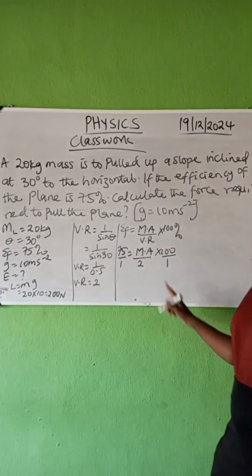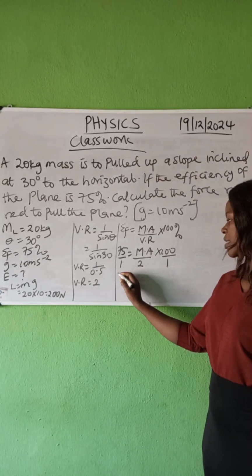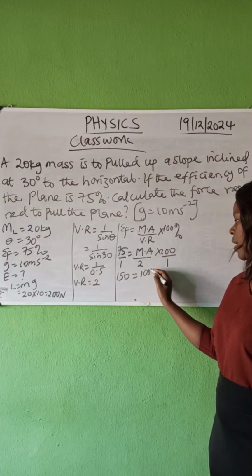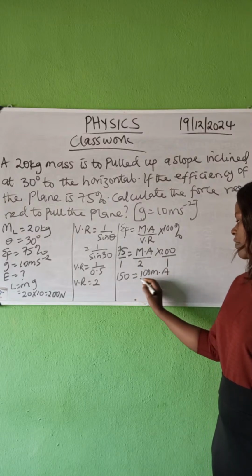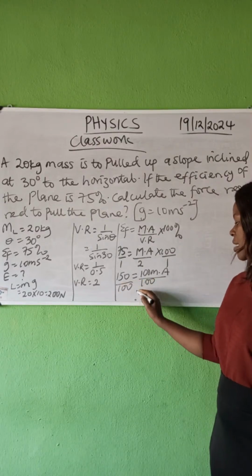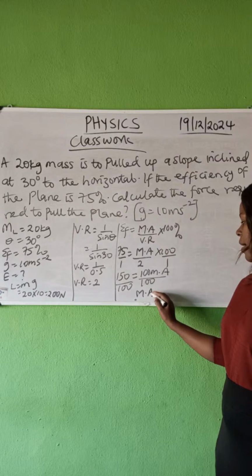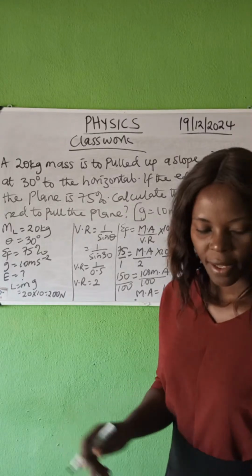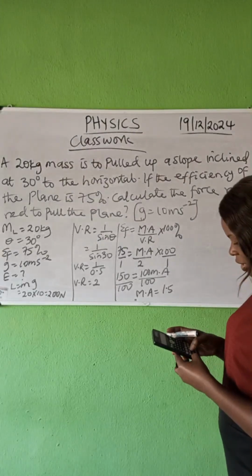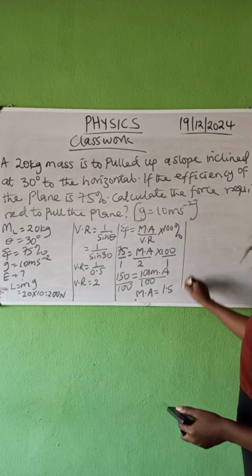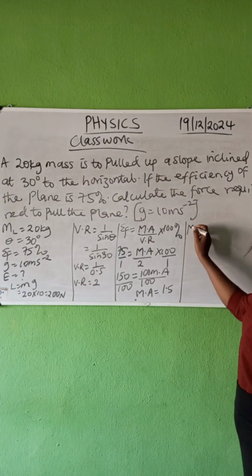Now what do we do next? We cross multiply, so 150 is equal to 100 MA. All right, I divide both sides by 100. Therefore, my MA is equal to 1.5. Let us say 150 divided by 100, that is 1.5.